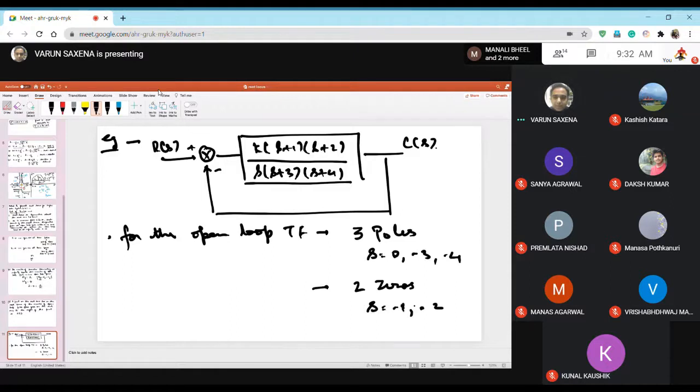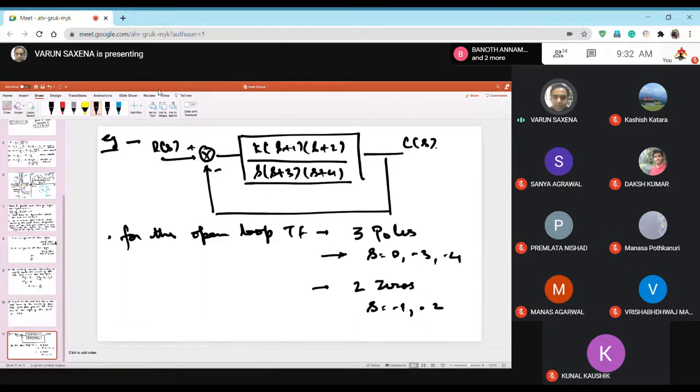Okay. Now, how many branches are going to be there in this root locus? What would be the corresponding values of capital K at these points?